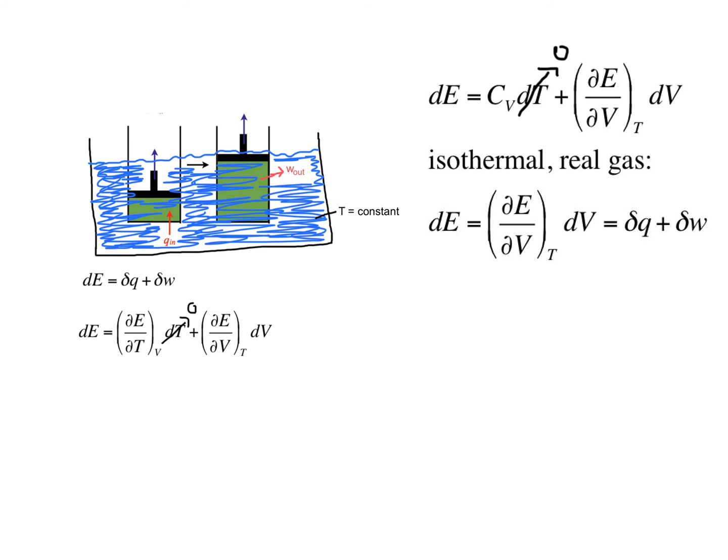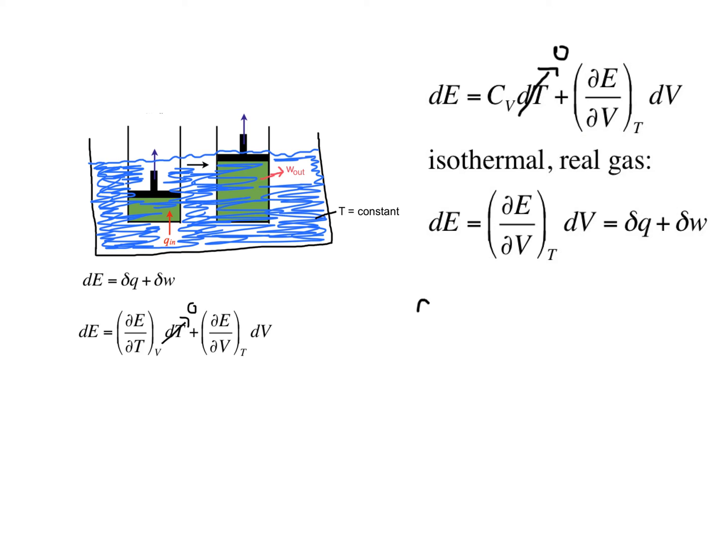So we can express the change in energy of the system as equal to this derivative of energy with respect to volume at constant temperature times the change in volume for the isothermal expansion or compression of the real gas. This is also equal to dq plus dw according to the first law.